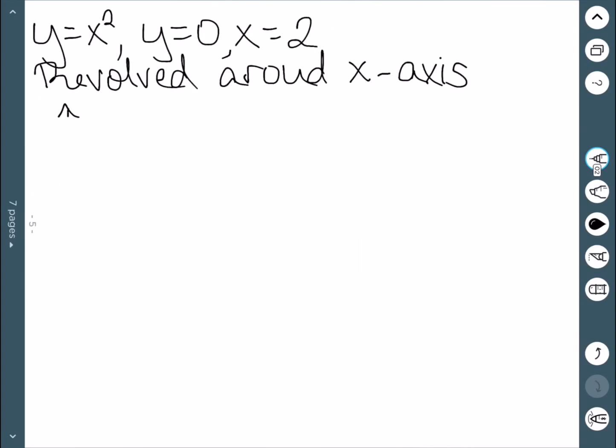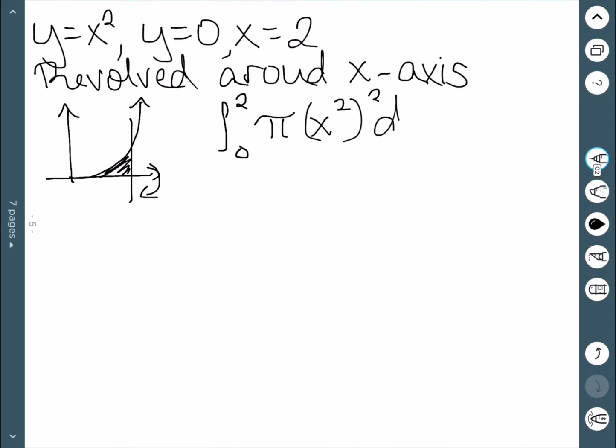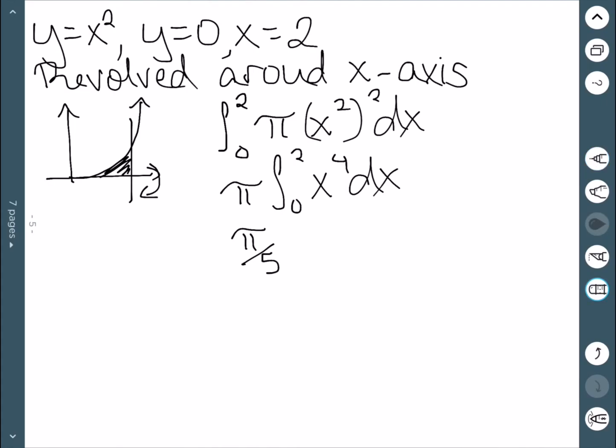We have another one where we're going to look at x squared, y equal to 0, and x equal to 2, and revolve around the x-axis. So this time my bounds will be 0 and 2, and then I would have pi times my function squared. We can remove the pi, have the integral from 0 to 2 of x to the 4th dx, which would then be x to the 5th over 5.